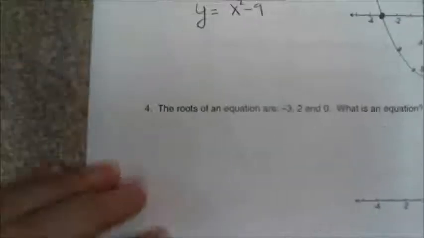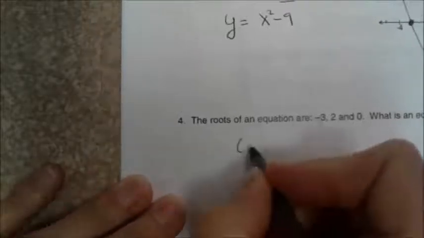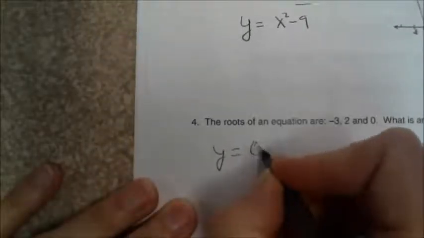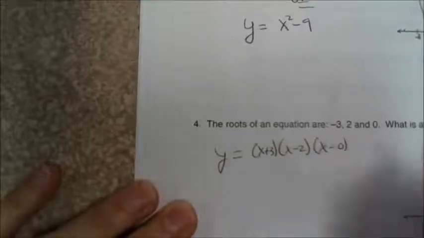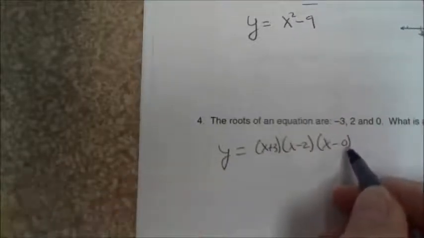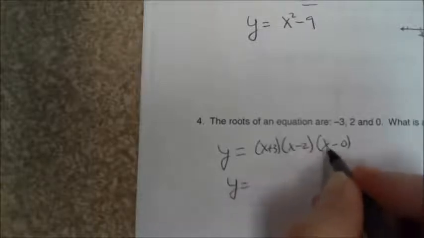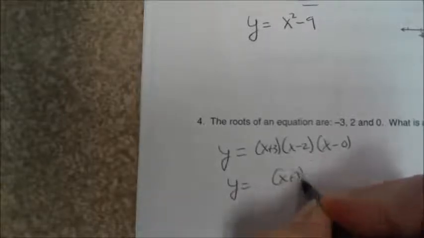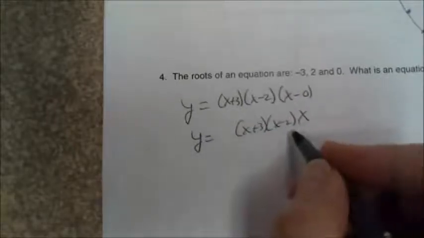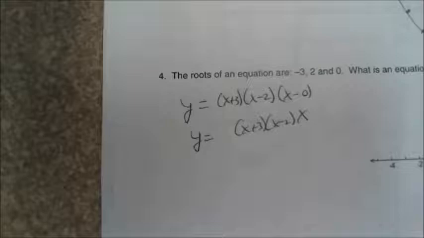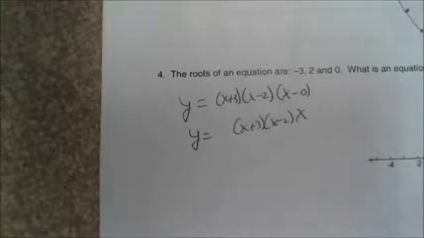All right, next one. The roots are negative 3, 2, and 0. Y equals x plus 3, x minus 2, and x minus 0. Oh, x minus 0 is just x, isn't it? So we can do x plus 3 times x minus 2 times x. And if you want to knock yourself out, you can FOIL those and multiply them all by x, but it's really not necessary.